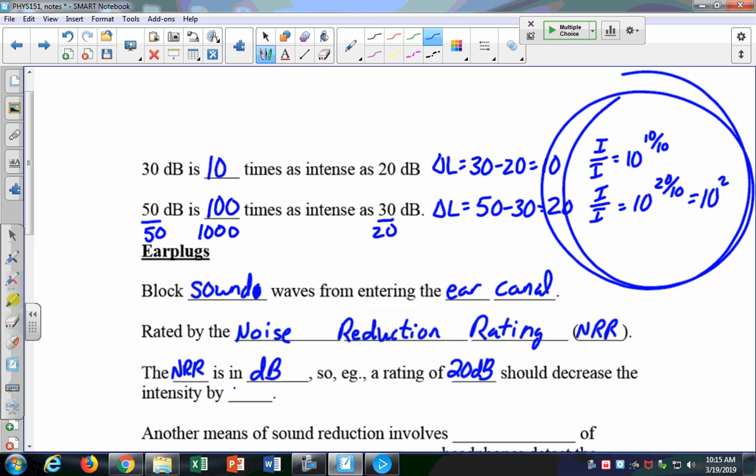And the way I think of this, I have 20, and then I divide by 10 and put 10 to that power. 20 is the difference in decibels, how much my decibels are being decreased. 20 divided by 10 is 2, and then it's 10 squared, which is equal to 100.